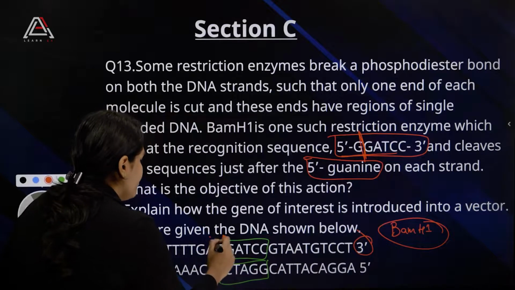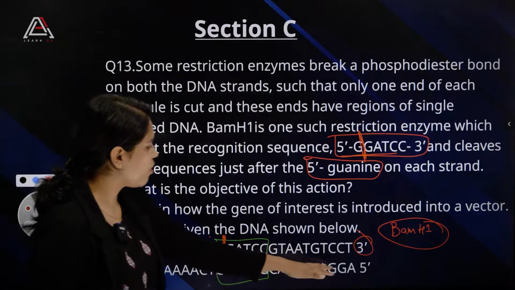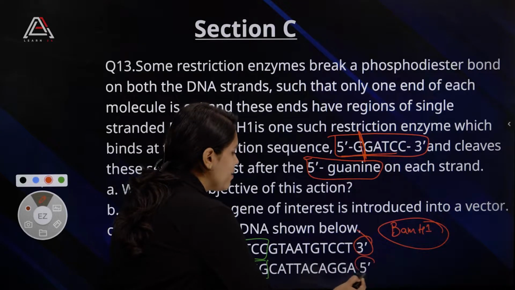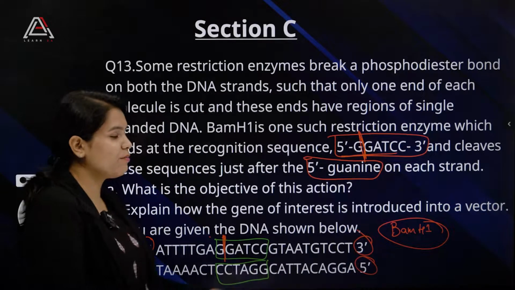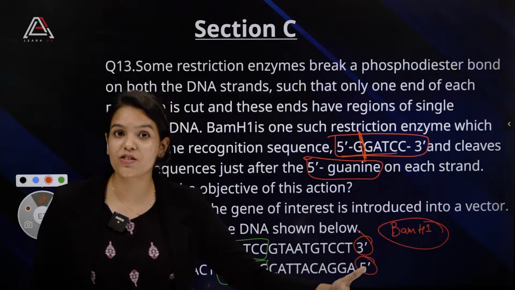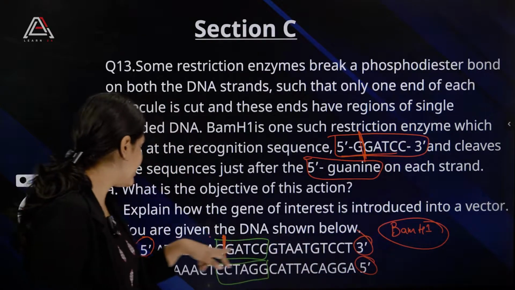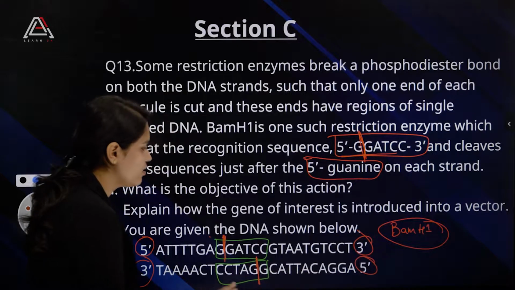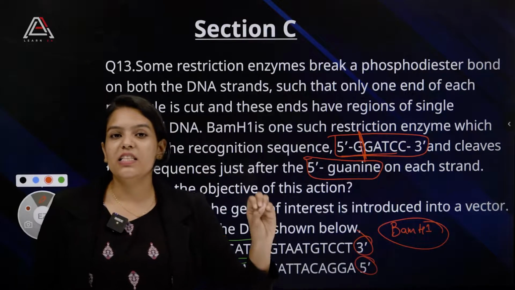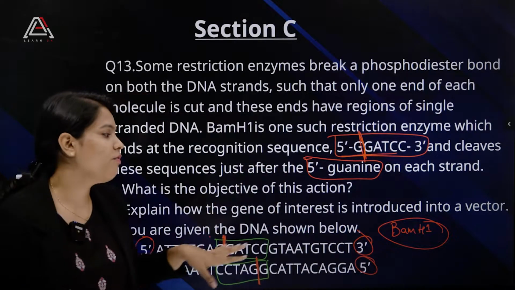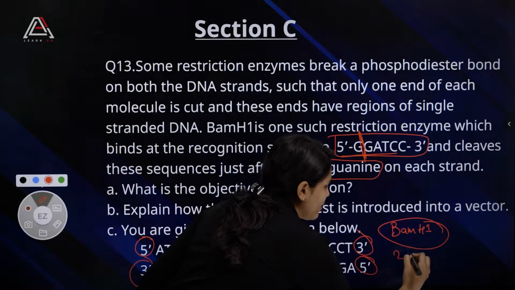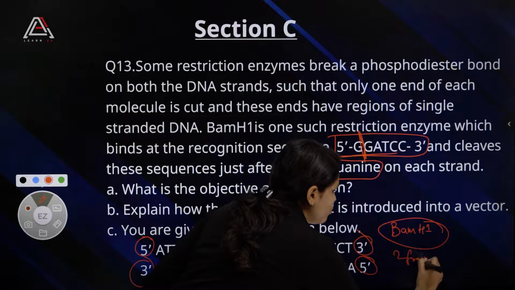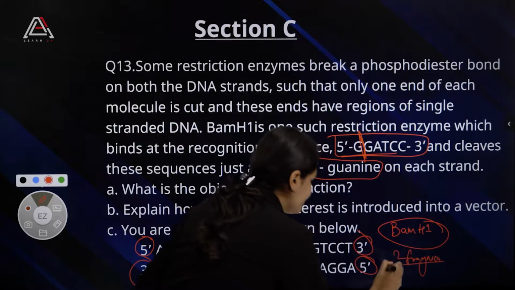Then when we are talking about down, from 5' polarity to 3' polarity, remember it's the complementary strand. So after 5' guanine here, 2 fragments are formed. That is the first part of the answer: 2 fragments are formed here.